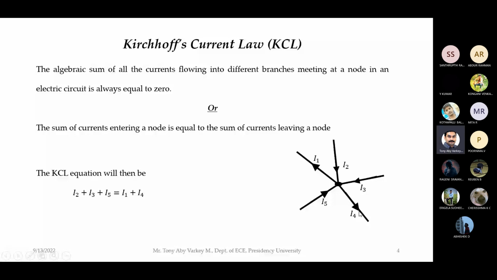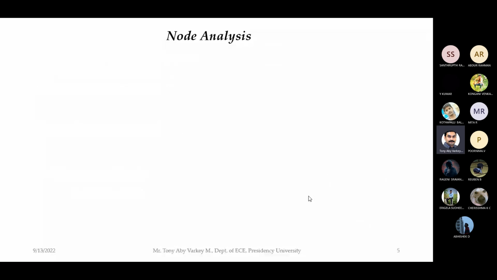So this is a very important law for our particular course. You have to understand this law. Always remember, the currents entering a particular point will be equal to the sum of the currents leaving that point. Now, the important analysis required for learning this course is known as node analysis.